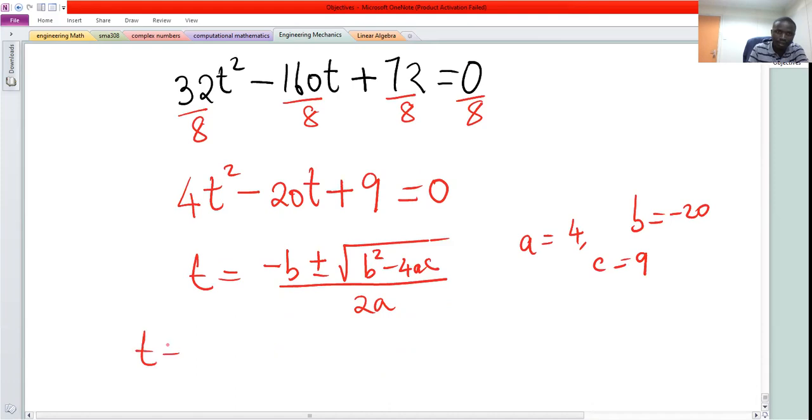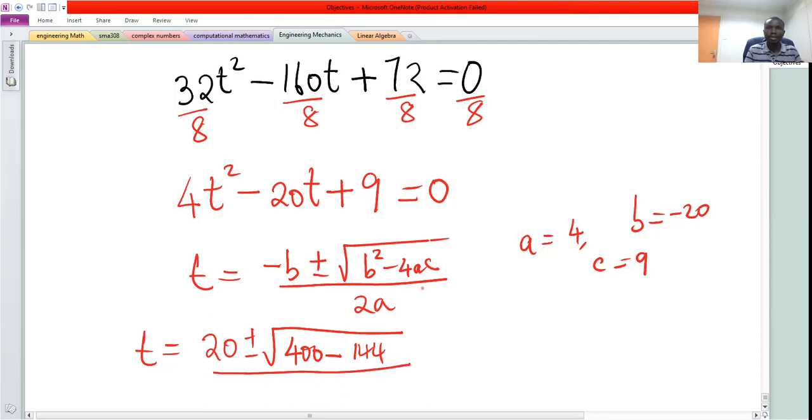So we'll have t equals to minus b, which is 20, plus or minus square root of b squared, 400, minus 4ac. So 4 times 4 times 9, that's 144, divided by 2a, so that will be 8. So 20 plus or minus square root of 400 minus 144, 256, over 8.